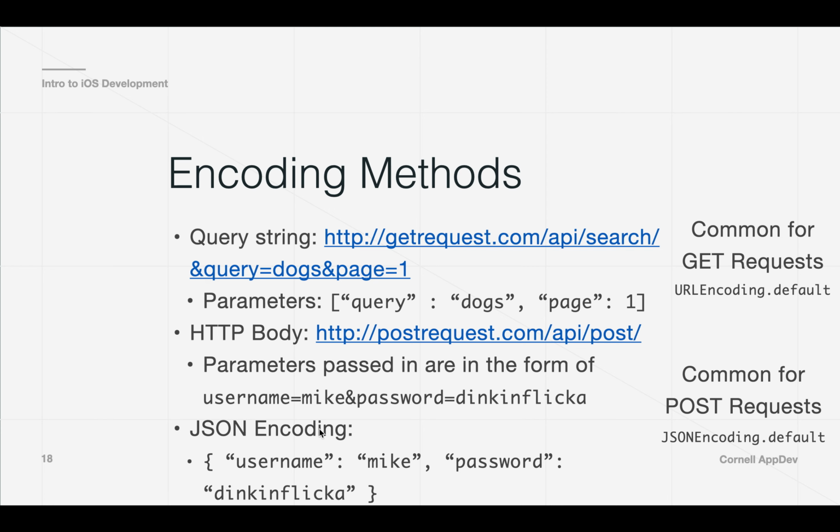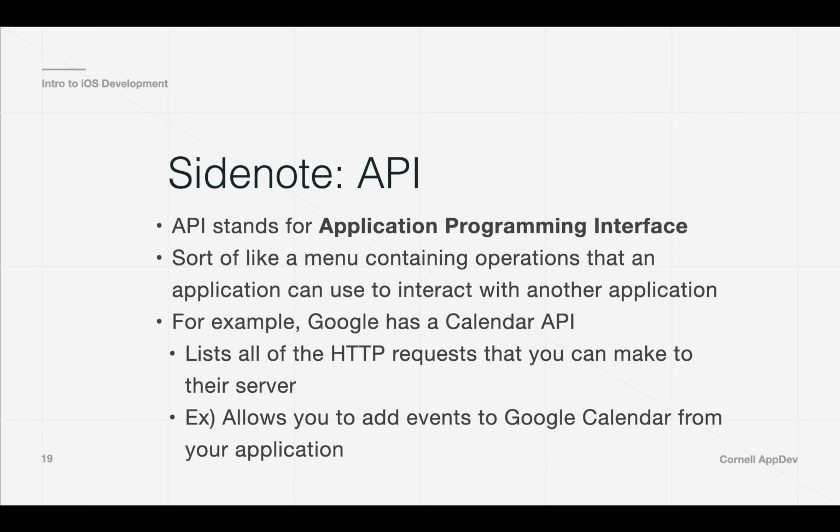And then lastly, we have JSON encoding, and it's pretty much just passing around dictionaries of primitive data types. It's quite similar to HTTP body, and it's very commonly used for POST requests. And just a side note on APIs, you'll hear this term being used a lot.